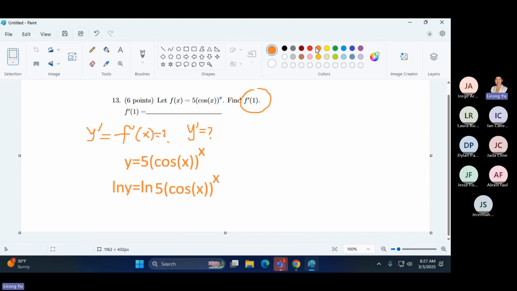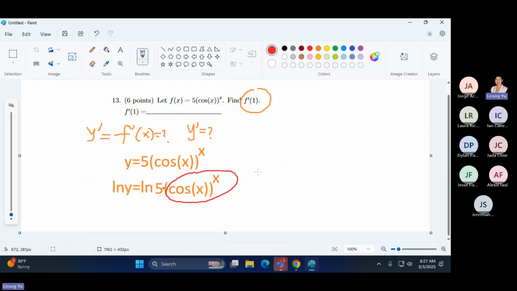Let's see how we break them apart. What you have here is a multiplication and an exponent. It's exponent, then multiplication, as far as the order of operations.